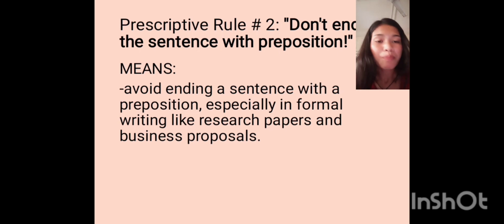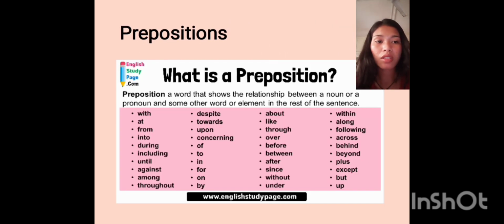According to its meaning, a preposition is a word that shows the relationship between a noun or a pronoun and some other word or element in the rest of the sentence. As you can see, it has with, at, from, until, during, including, against, among, throughout, despite, of, to, and so on and so forth.